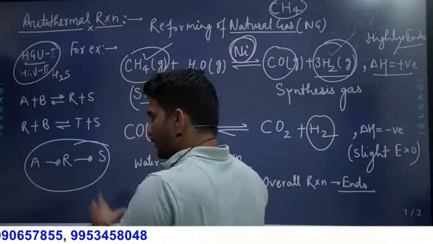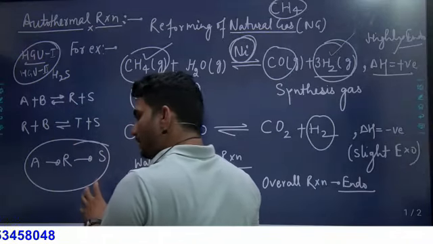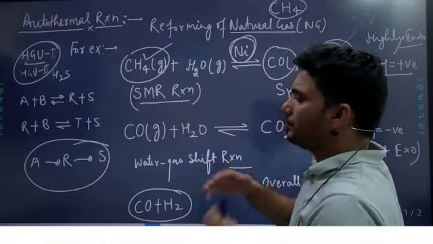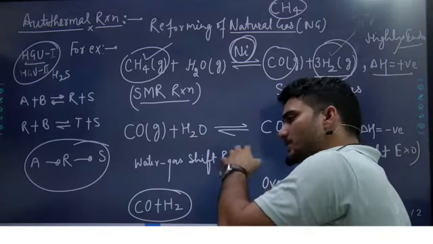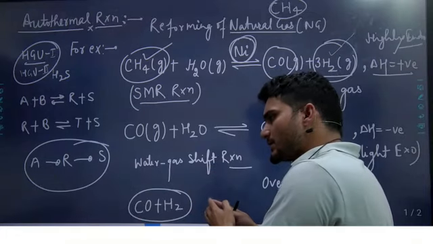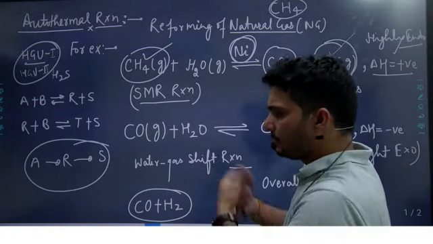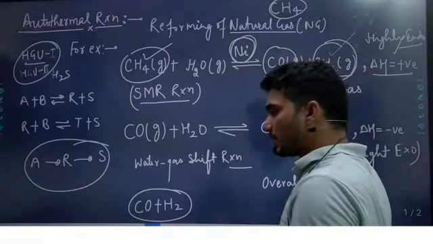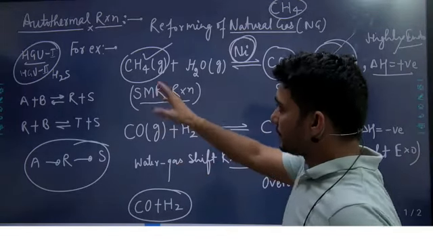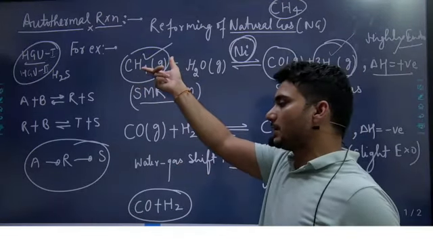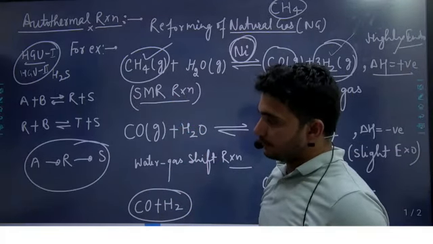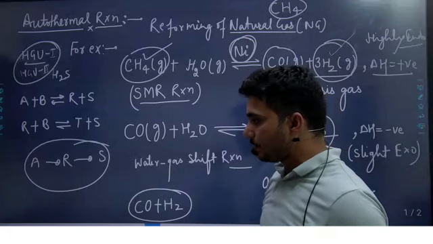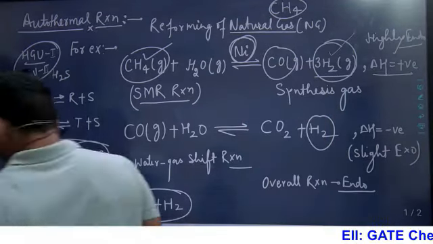We have various reactions. Some reactions will be series reactions, some will be irreversible. An irreversible reaction may be autocatalytic, catalytic, endothermic, exothermic, non-catalytic too. Are you finding this point?